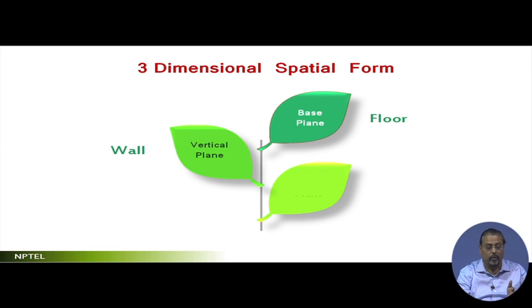And then the third one is the overhead plane. In a building, it is the ceiling. You can always comprehend this if you are an architect or engineer or of any discipline. You can comprehend this very easily with respect to an architectural space: floor, wall, and overhead plane. That makes three planes, which ultimately makes a box, which becomes an architectural space.